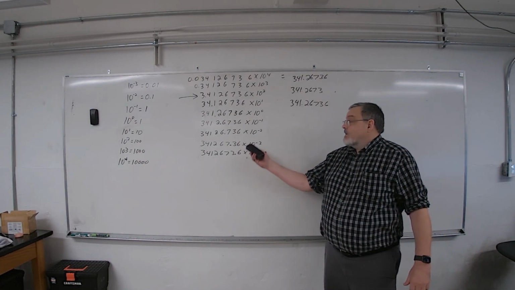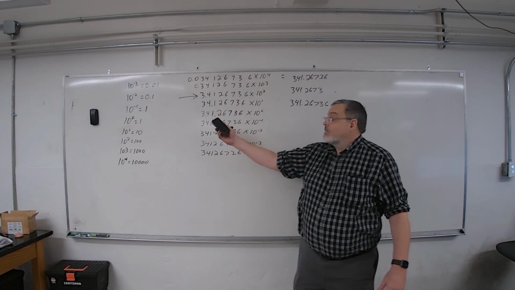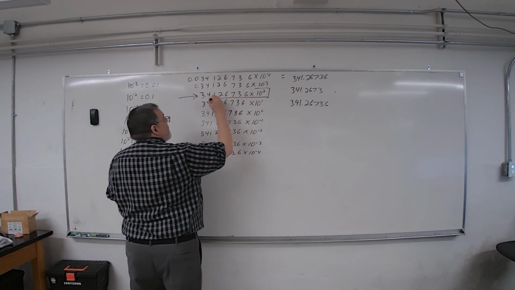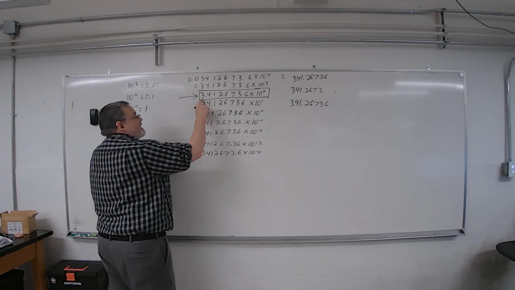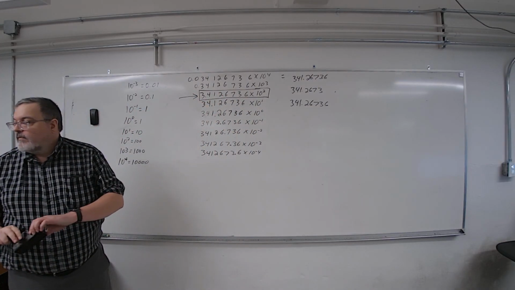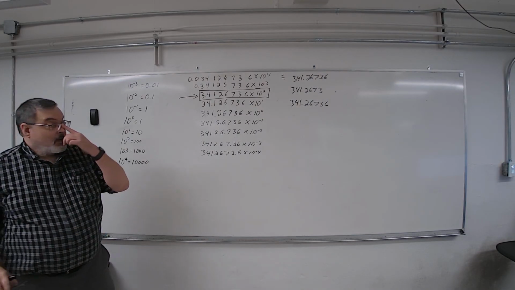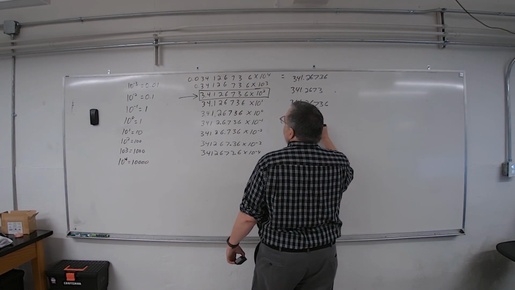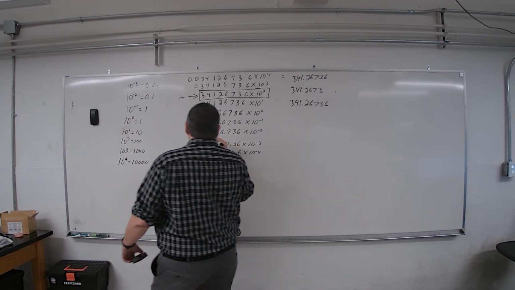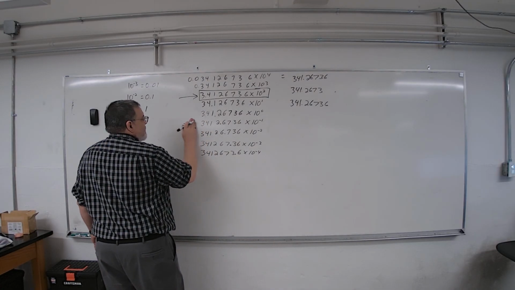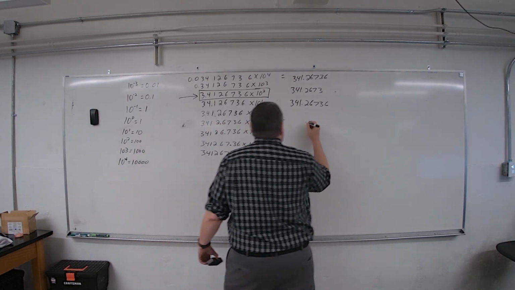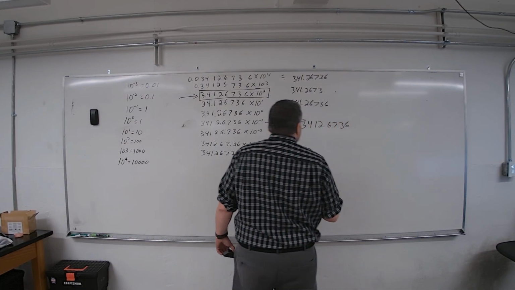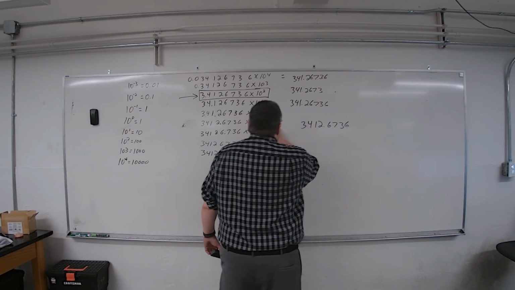But scientific notation means this. Standard scientific notation means you purposely use the power of 10 that gets the decimal just to the right of the first digit. That's standard scientific notation. So if I got to the end of a calculation and I had, let's say this was the answer to some long calculation I did, this one, 3412.6736, and I'm at the end of my problem and I stop.